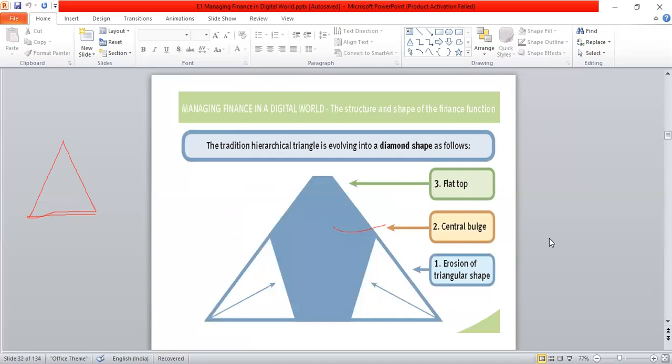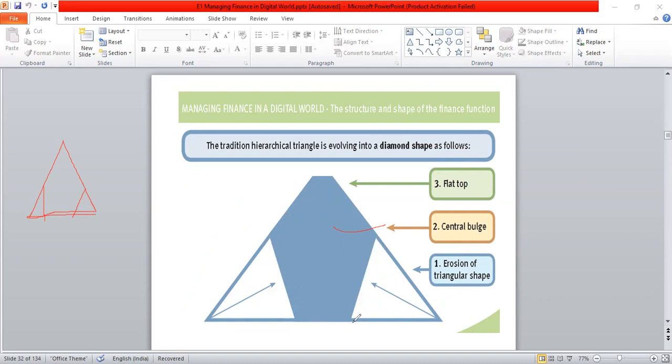So what actually is the reason? When we see that it is in the form of a pyramid, the bottom is truncated, it is eliminated. So that's what has happened. See, this is a triangle, but the bottom part of it is cut or truncated. Why did that happen?